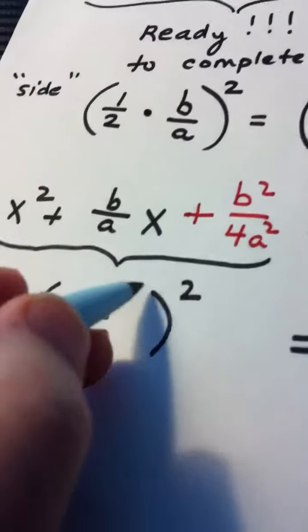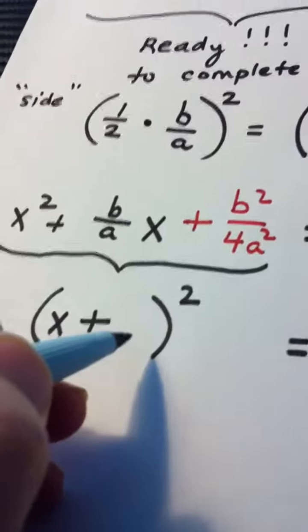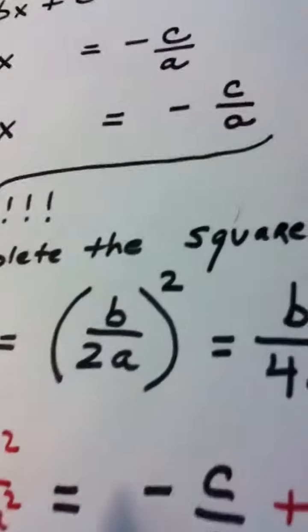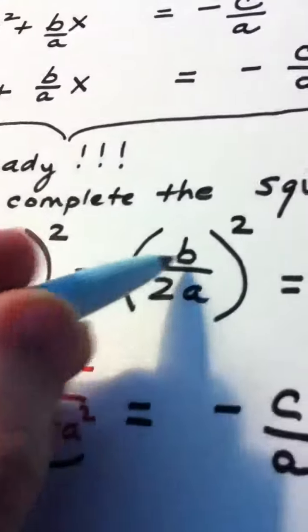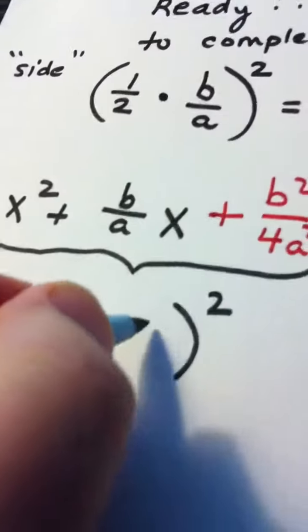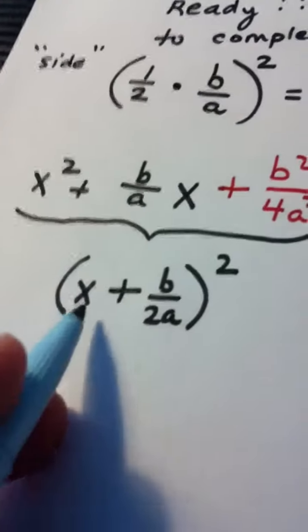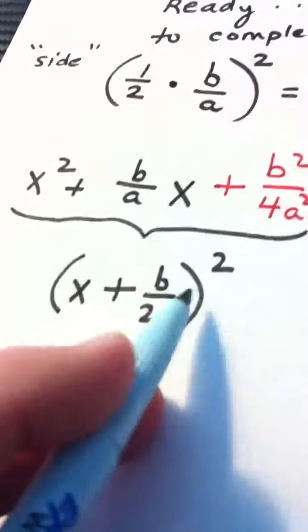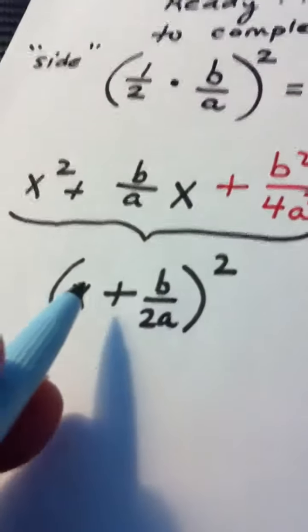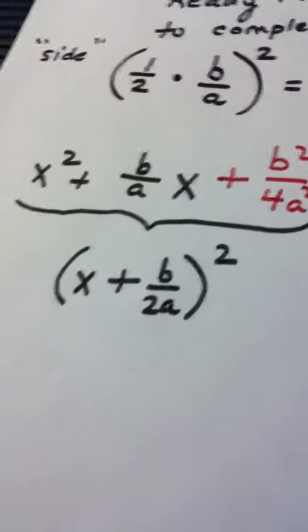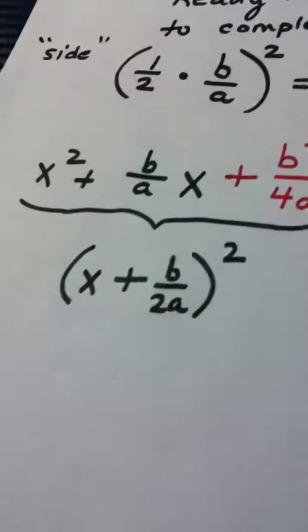The easiest way to find the number to put in here is the number that you squared after you took half of. Half of b over a was b over 2a. So this trinomial factors as x plus b over 2a, squared. If you don't believe it, and you want to distribute that out, FOIL it out, you will come up with this.